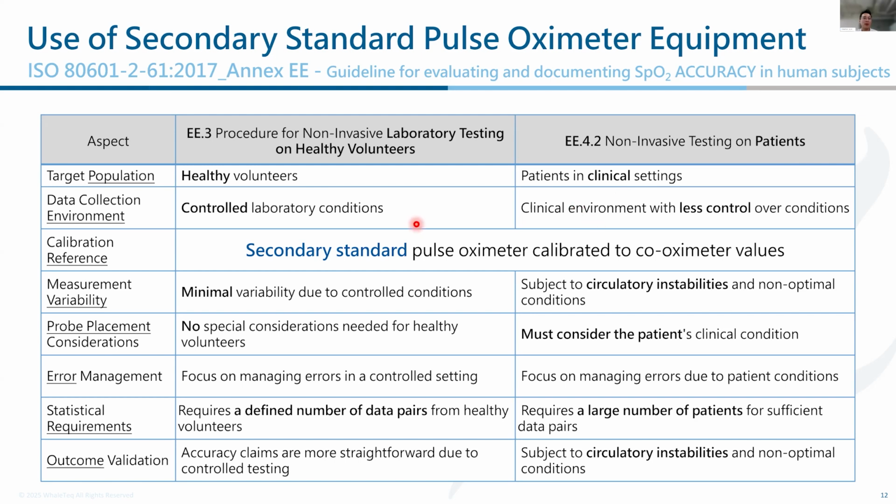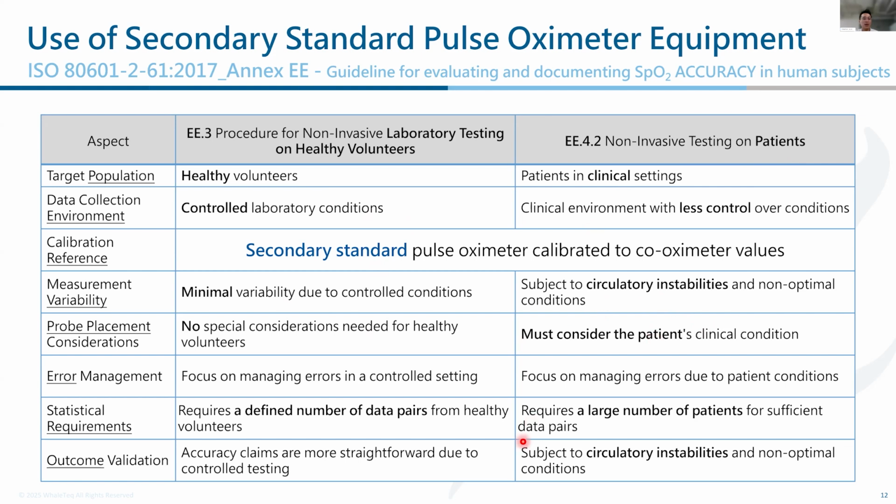Another one is about controlling all the variants and factors. Here we have minimal variability. And here the test result or calibration result might suffer because of circulatory instabilities. Even the place you place your probe or your wearable device needs to be considered for specific patient individuals.